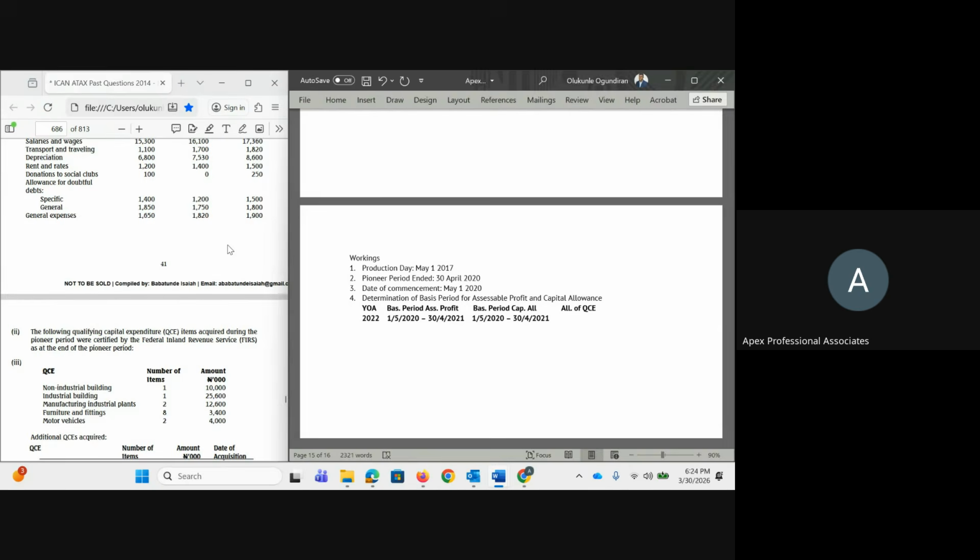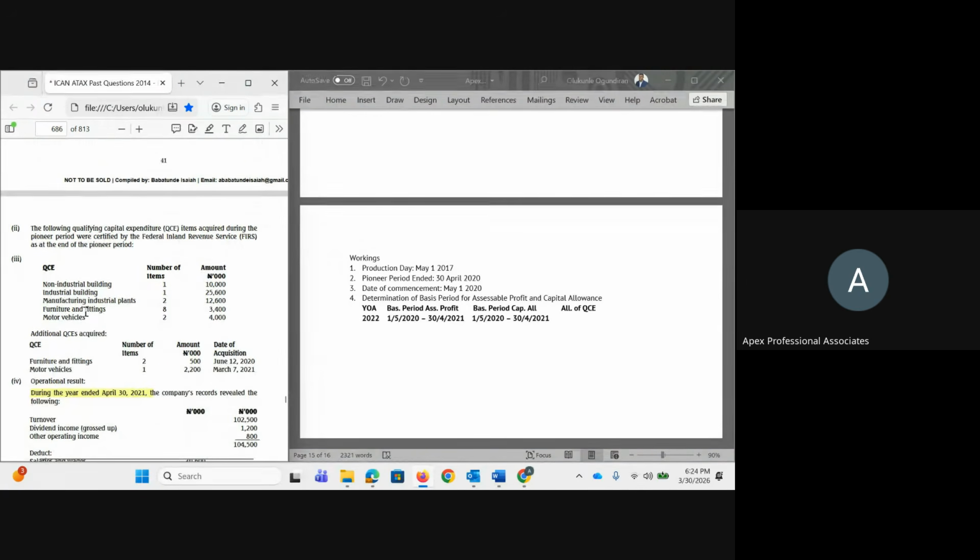Now, in that case, let's go ahead and allocate activity. Assets purchased during the pioneer period will be deemed to be purchased in the post-pioneer period. So it means all assets you have here will fall into this year that you are talking about, right? Are we together? Yes.